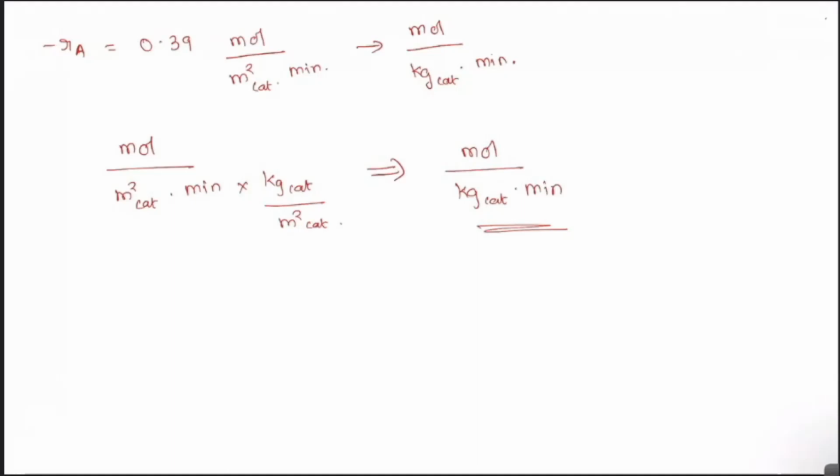So basically what we need to do here is divide the reaction rate that we have been given by a term which has a unit kilogram of catalyst per meter square of catalyst. Or in other terms, we need to divide our reaction rate by the weight per surface area of our catalyst.